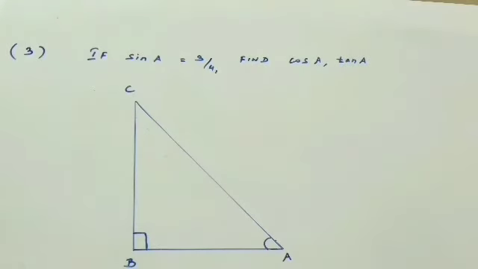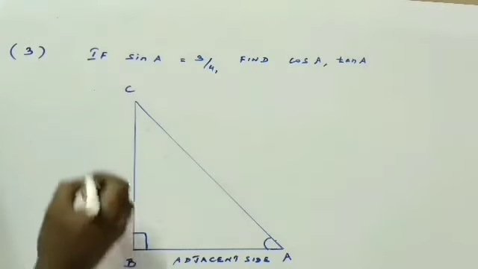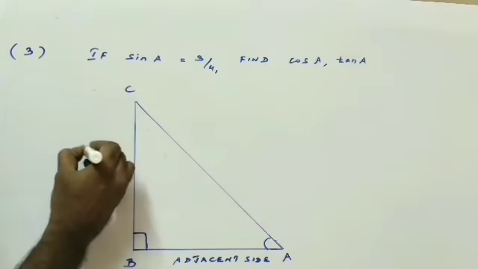Now the side between the angle at A and the right angle at B is called the adjacent side. The vertical portion is the opposite side.